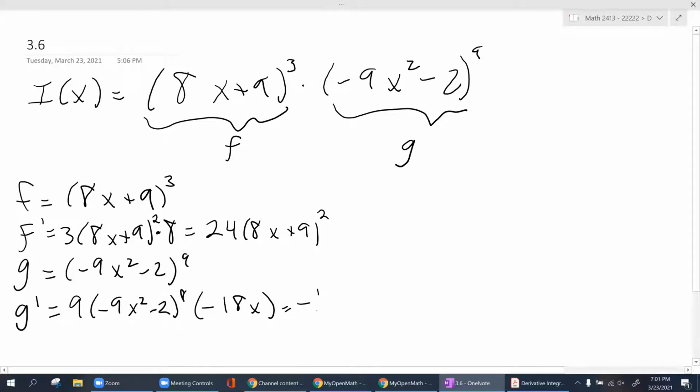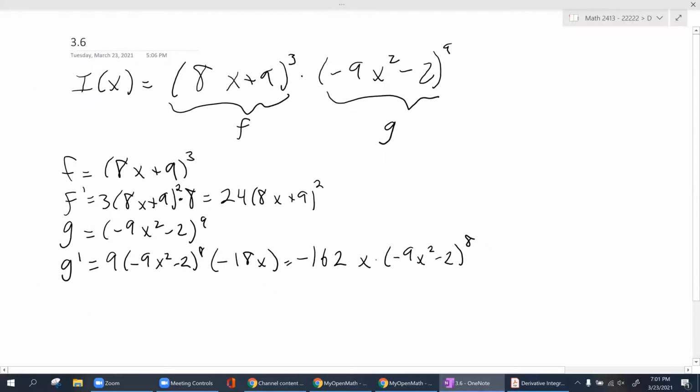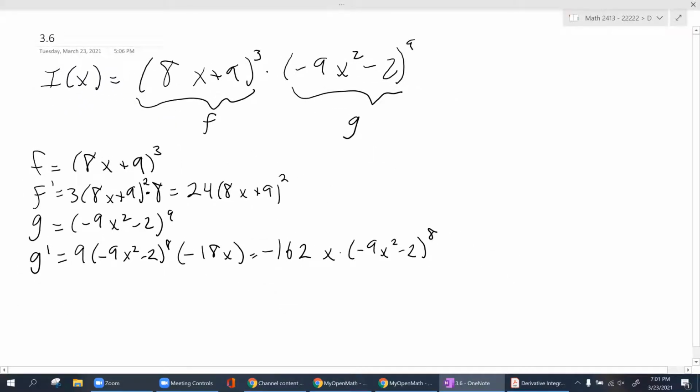This is negative 162x times negative 9x squared minus 2 to the 8th. So at this point, I have everything I need to apply the product rule. In case we forgot, whenever you're multiplying two things, it is g times f prime plus f times g prime.